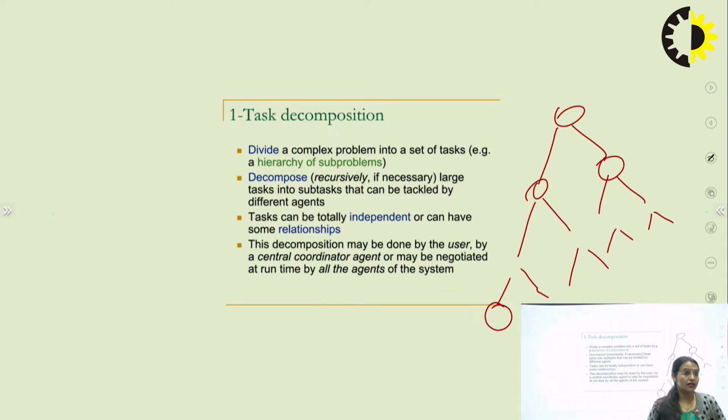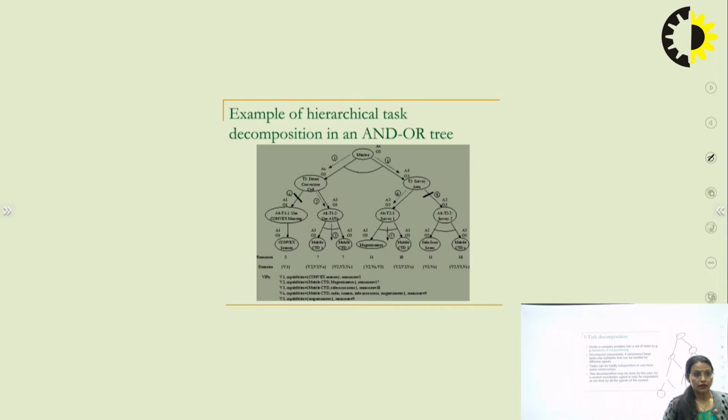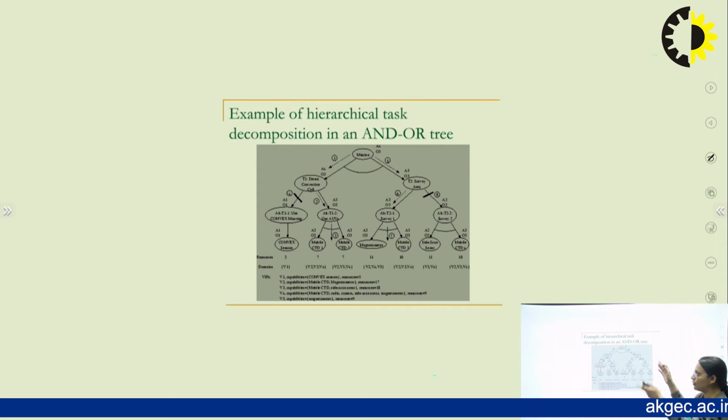So in this case, the task will be decomposed, and it will be similar to any of the graphs that we have studied so far. That is in the case of tree formation or tree graphs, or any of the hierarchy systems, or any of the AND-OR graphs that we have studied in AI also. So this will be very similar to the graph which is depicted here.